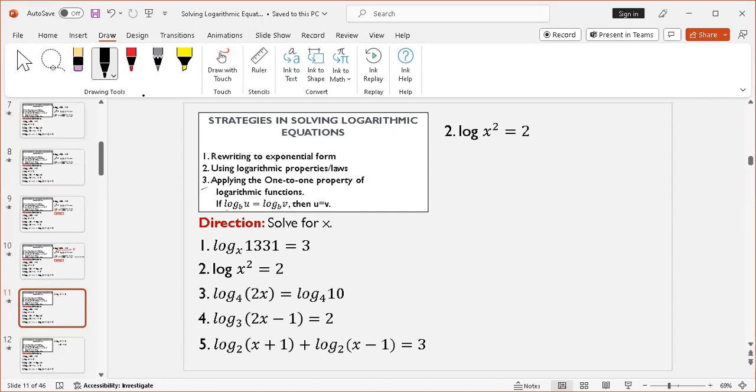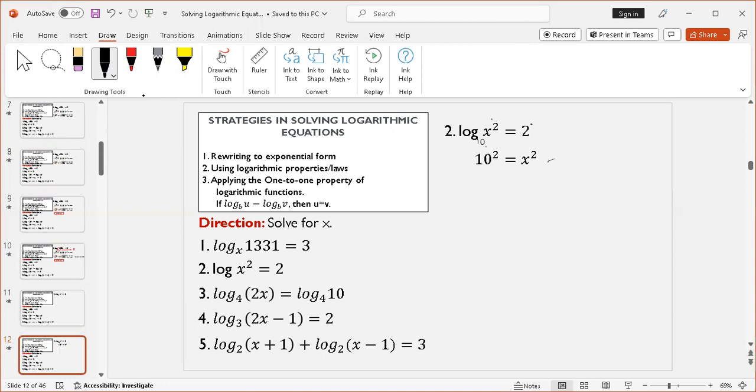Okay, expressing this to exponential form, it will give us 10 raised to 2 equals x squared. Bakit naging 10 raised to 2 equals x squared? Kasi nga, the base here is 10. So, rewriting this to exponential form, it will give us 10 raised to 2 equals x squared. So, here it is.